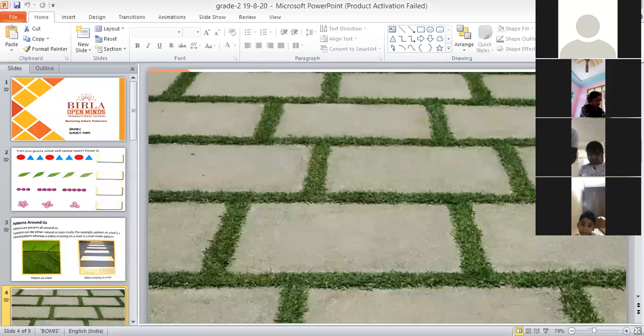Okay, children. So I'll share my screen. See here. Now you have to look at this picture and then you have to tell whether this is a man-made pattern or a natural pattern. Tanishka, you tell me, man-made or natural?